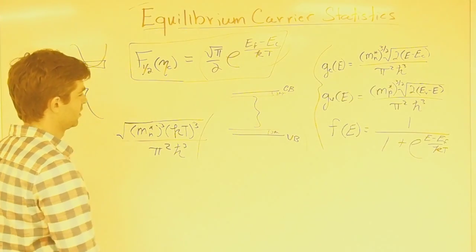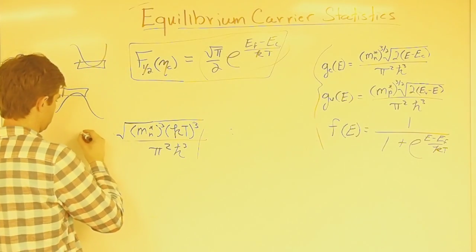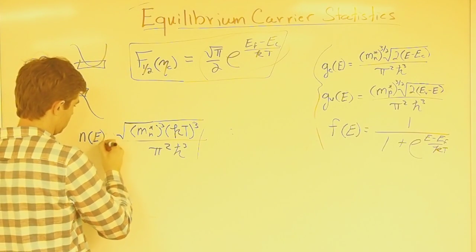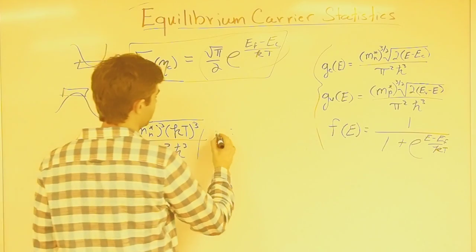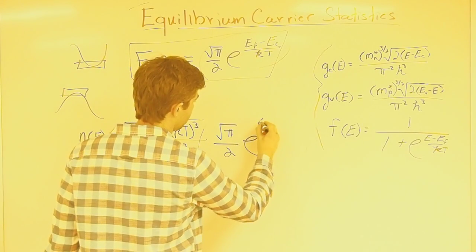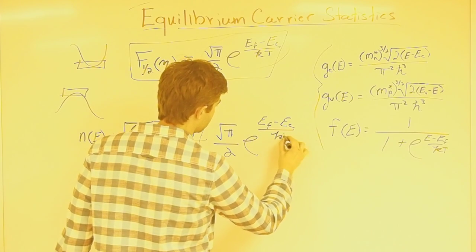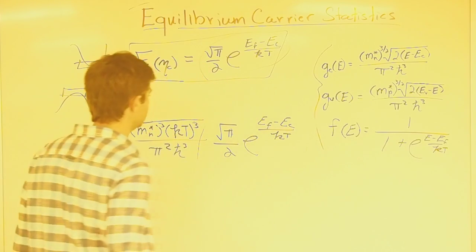So we can actually rewrite n of E equal to this times root pi over 2 e to the E_F minus E_C over kT, just like that.